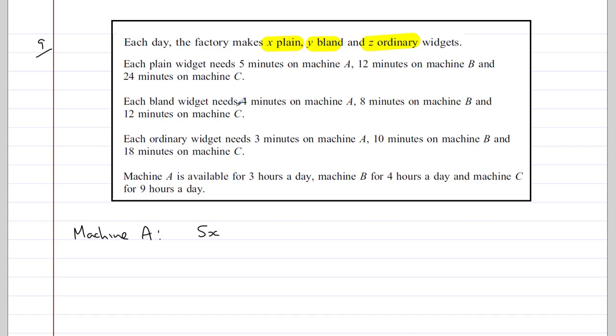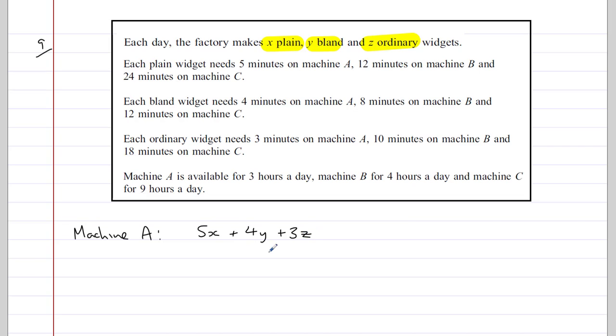For the bland widgets, each one takes 4 minutes on machine A, so 4 minutes multiplied by the number of bland widgets, that's y. For the ordinary widgets, machine A needs 3 minutes to make each one, so 3 minutes multiplied by the number of ordinary widgets.